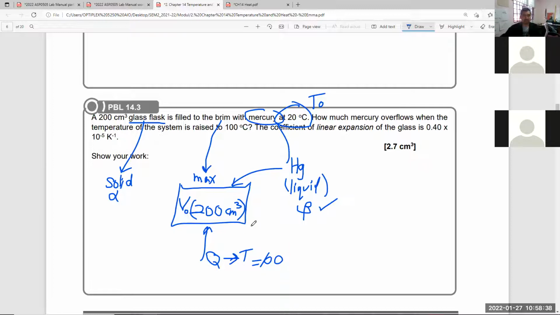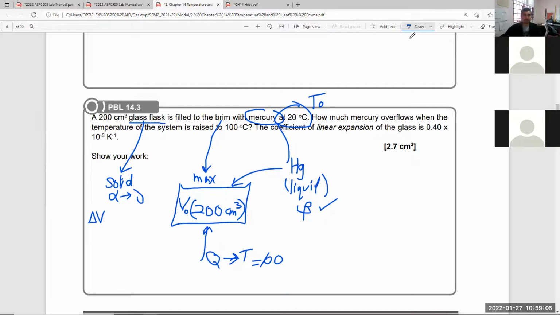So there will be an expansion for both. The solid also has an expansion. Since we want to see the volume of the flask, we use delta V, a volume expansion, even for the glass although it is a solid.